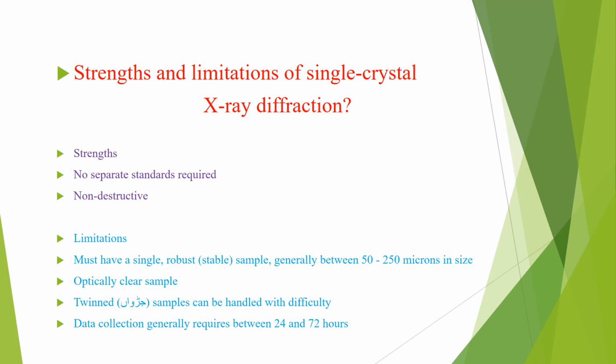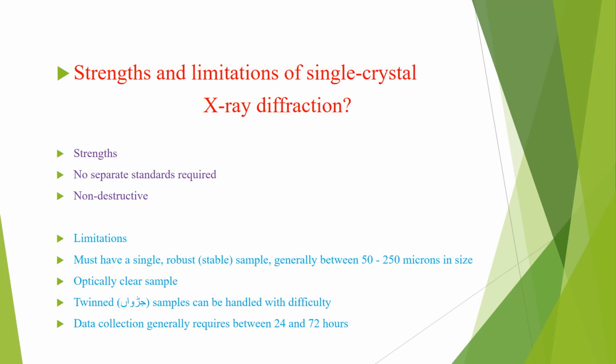This is one of the limitations, that if we don't have a single crystal, then this technique will not work to determine the structure of that crystal lattice. And for this we would have to be in the range of size from 50 to 250 microns.